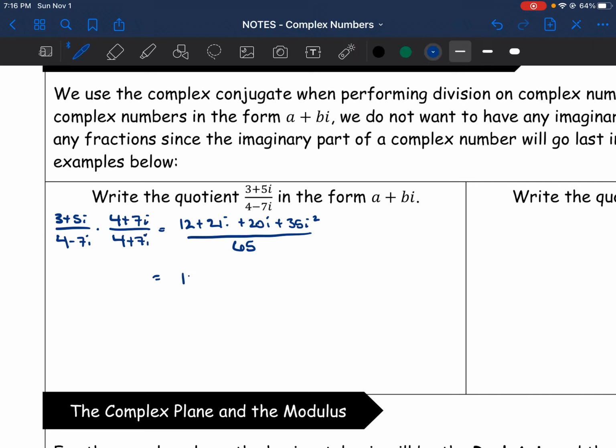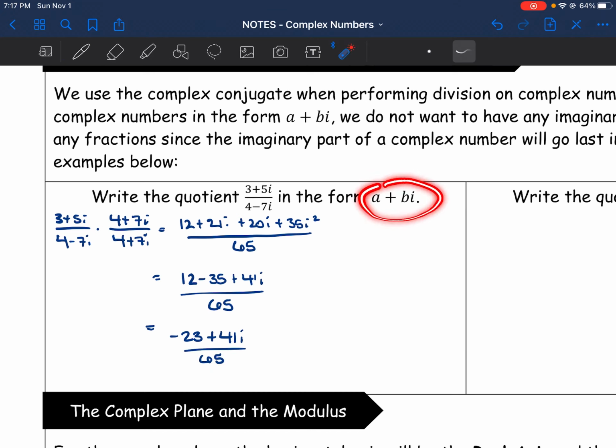So we're going to have 12 minus 35 plus 41i. I'm going to combine these terms with i together over 65. 12 minus 35 is -23, plus 41i over 65.